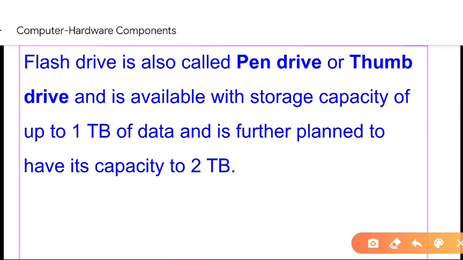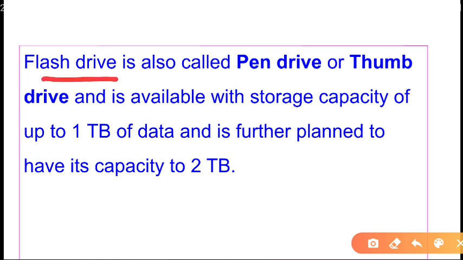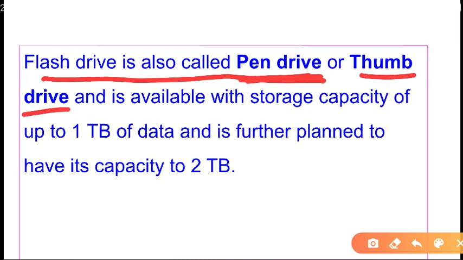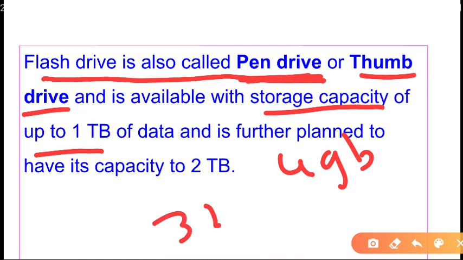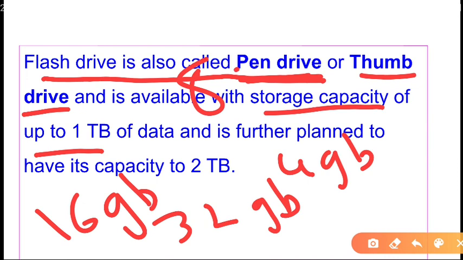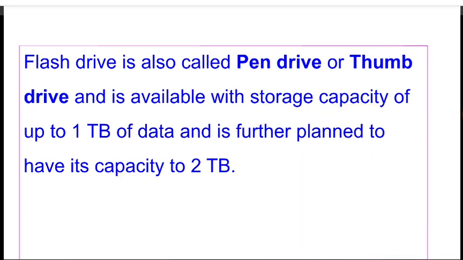Next, a flash drive is also called a pen drive or thumb drive. We have already discussed this, and it is available with a storage capacity of up to 1 TB. Now generally you use 4 GB, 32 GB, 16 GB or 8 GB pen drives, right?